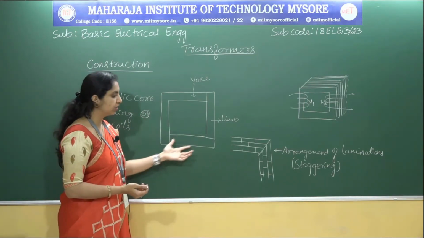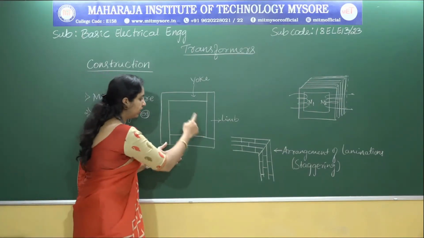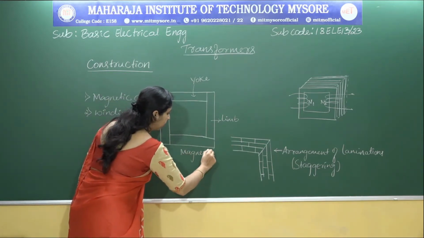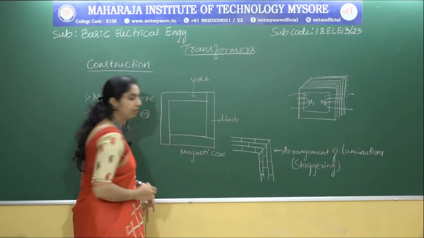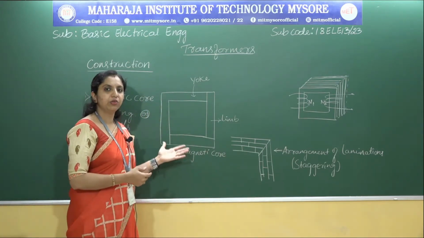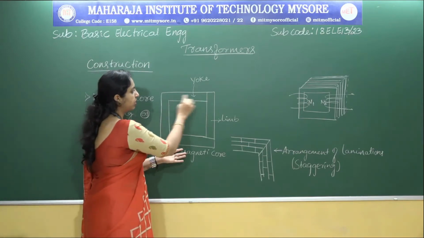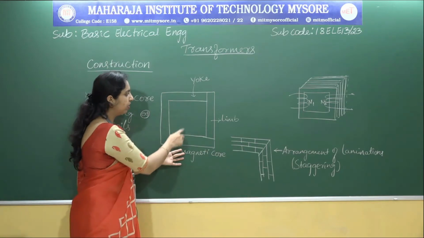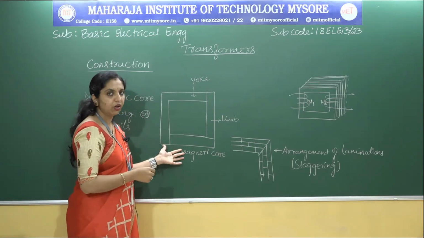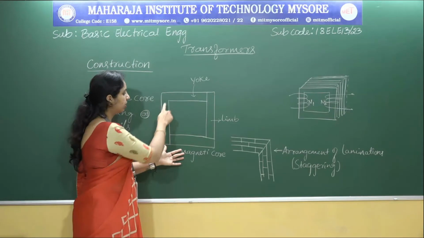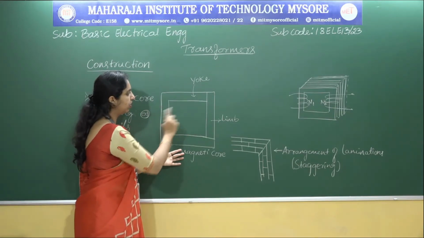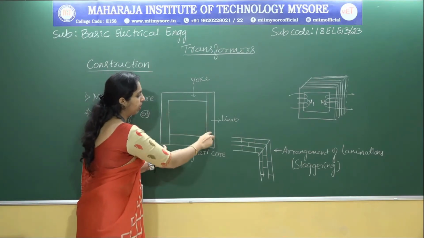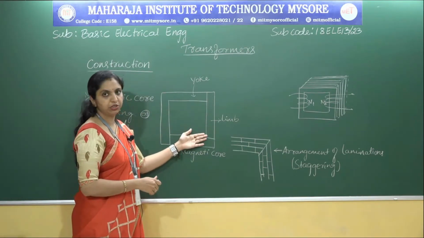As you can see in this figure, this is the magnetic core. It is divided into two parts: a horizontal part and a vertical part. The horizontal part we call the yoke, and the vertical part we call the limb.